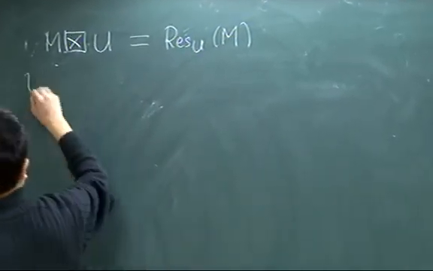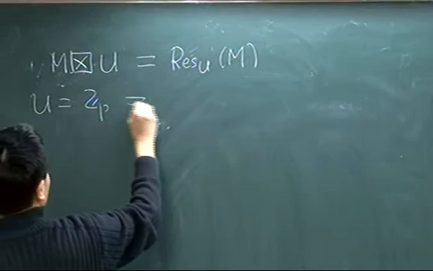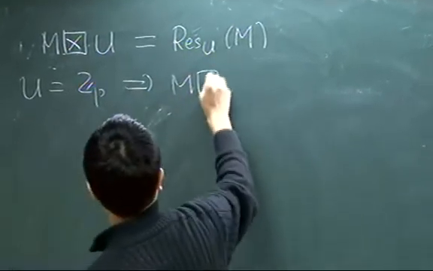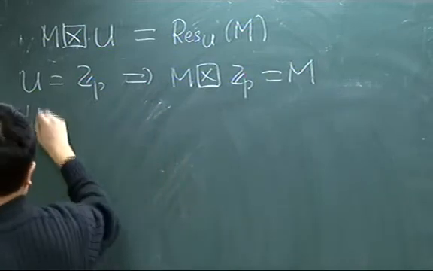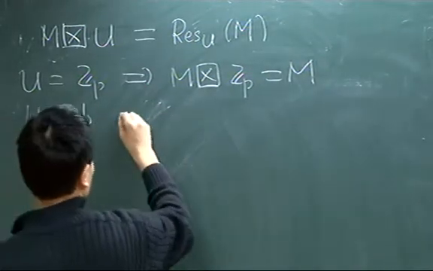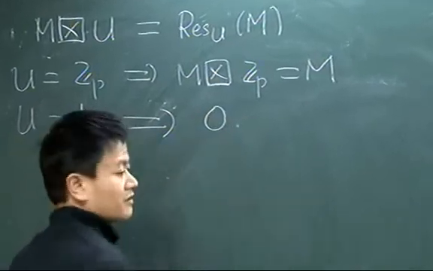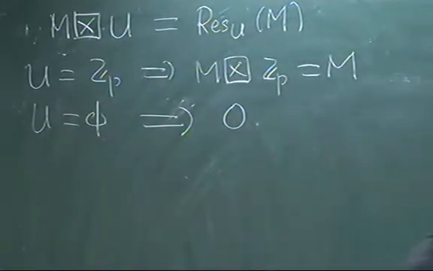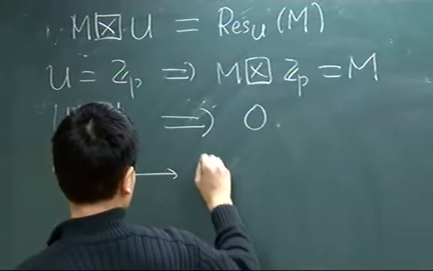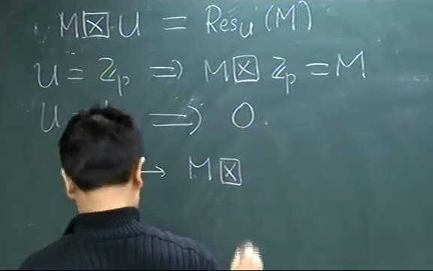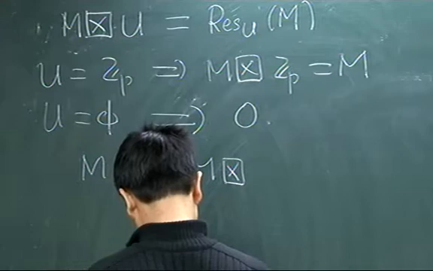So if U is Zp, you get M, and if U is empty, you get 0. Okay, so that's the restriction map. Now, we know M is contained in M over Qp.